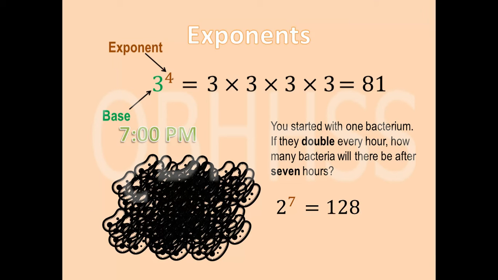Since they are doubling every hour, it means they are multiplying by 2, by 2 and by 2. That may not sound like too many, but after just 1 day, or 24 hours, there are 2 to the 24 bacteria, which is more than 16 million.